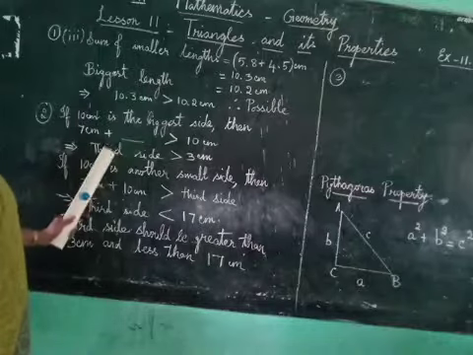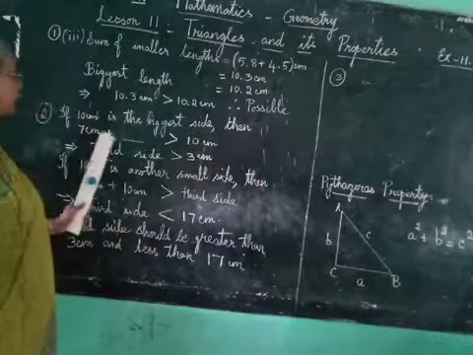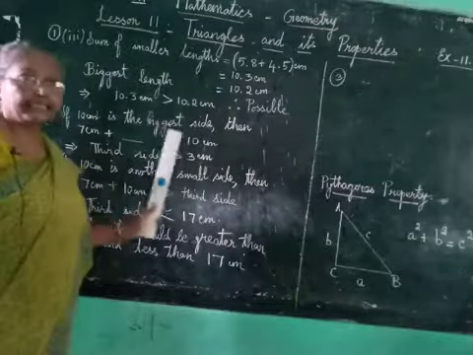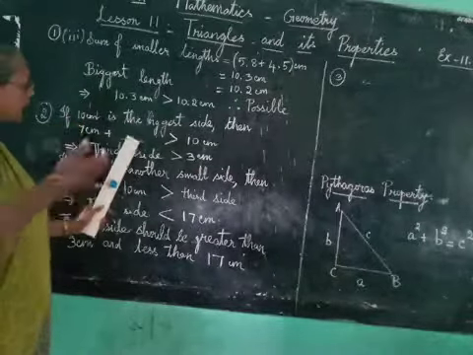Therefore, the third side should be greater than 3 centimeter. Why? If we put 3 centimeter here, then we only get 10 centimeter. So it can start from 3 onwards.